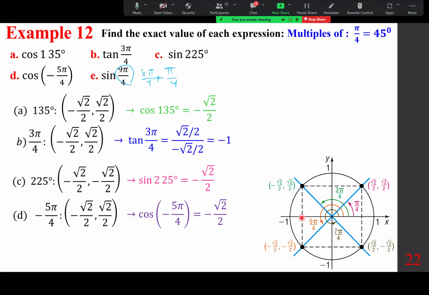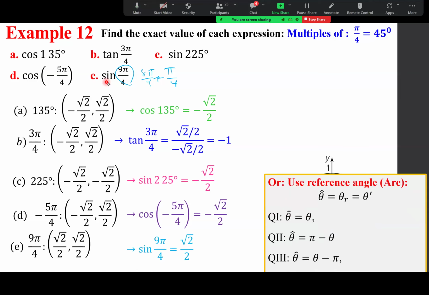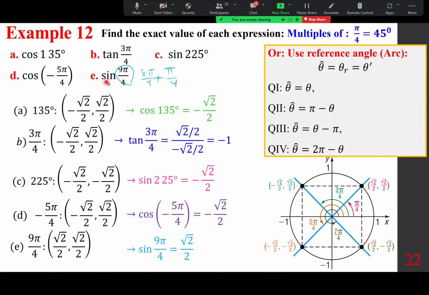So we go a complete revolution in the positive direction and then pi over 4. So it puts us right where pi over 4 is. And sine or cosine makes no difference. Both of them are the same, square root of 2 over 2. That's the final answer. Now, the other method is called the reference angle or arc.